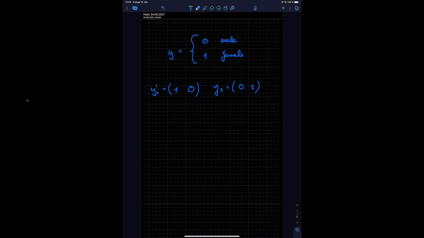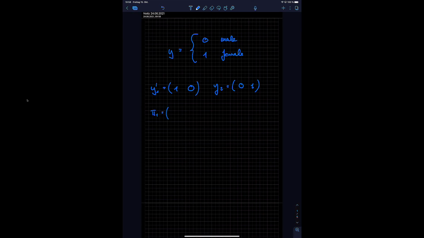Okay, so here for the first observation we have the probability prediction, which is 1 minus this value, and the other one is this value. And also for the second observation we have the same, but we have for each observation specifically different probability estimates if it's a male person or if it's a female person.